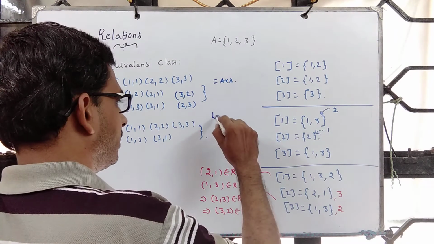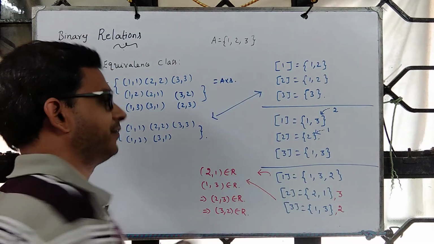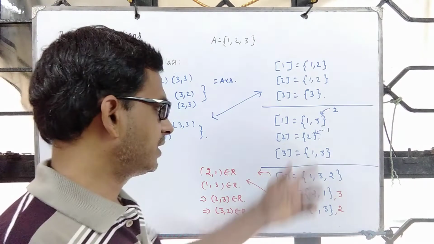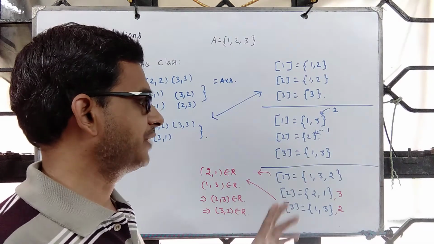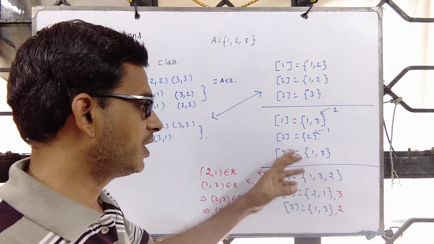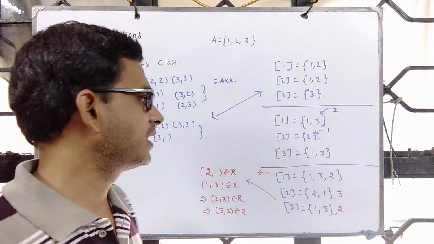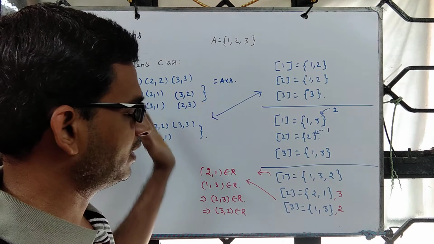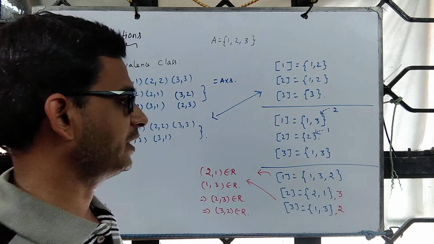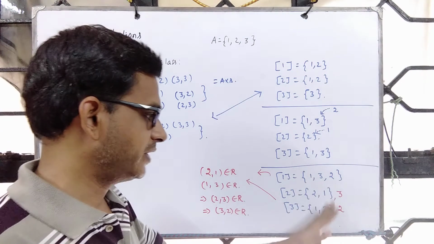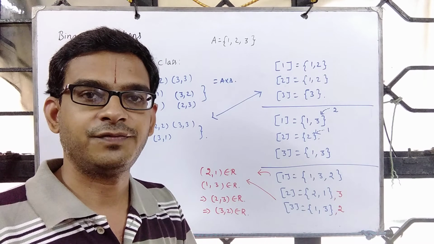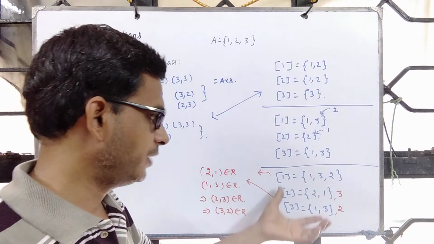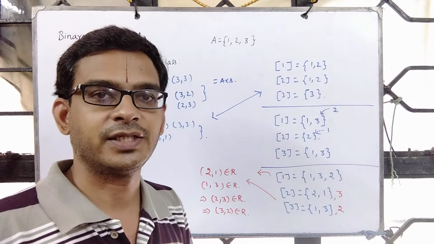And they have a one-to-one correspondence. You start with some set of sets that need not correspond to an equivalence relation. Then just like you add transitive pairs and convert a relation into an equivalence relation, the same procedure can be adopted to convert a set of some sets, which need not be equivalence classes, into a set of equivalence classes.